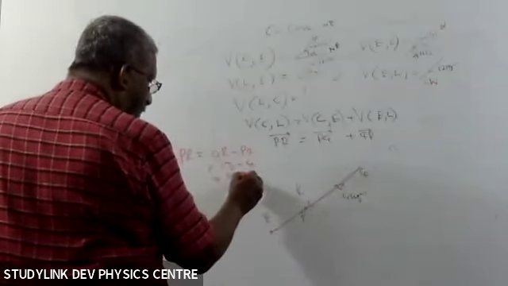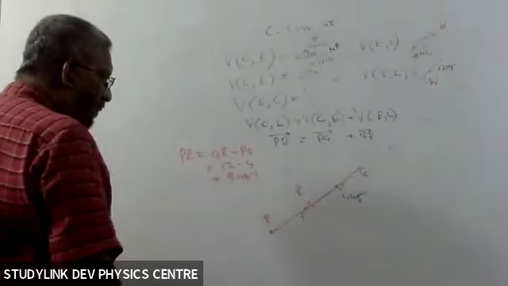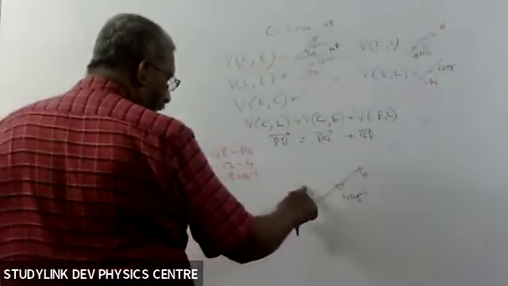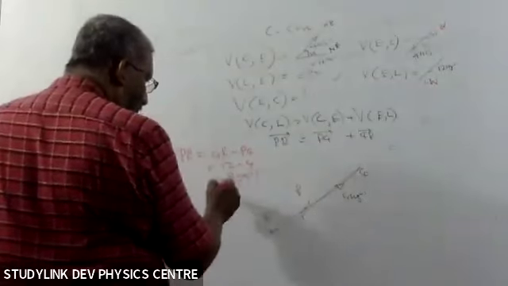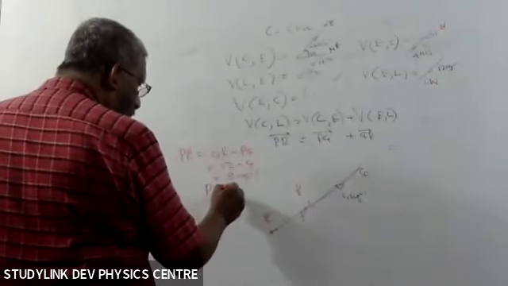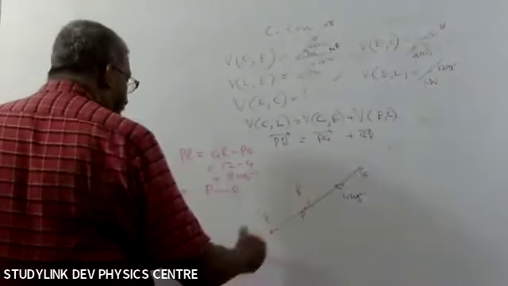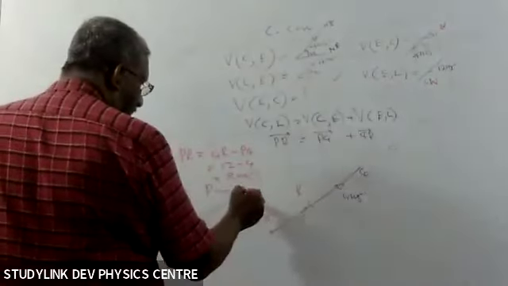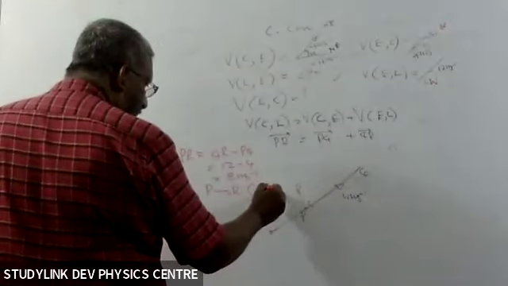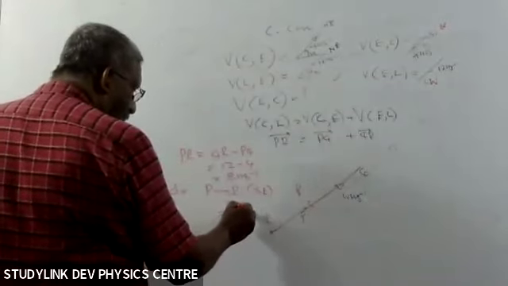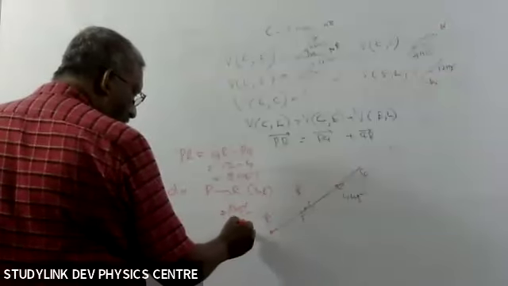That is 8 ms minus 1. Now direction, it is P to R. P to R is southeast. So then 8 ms minus 1 southeast.